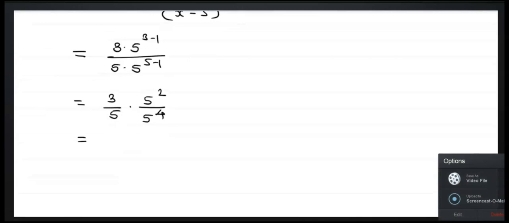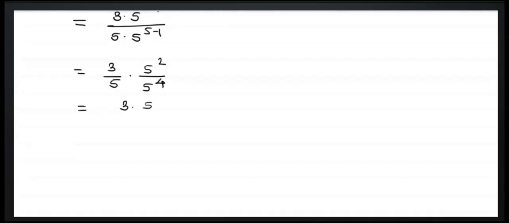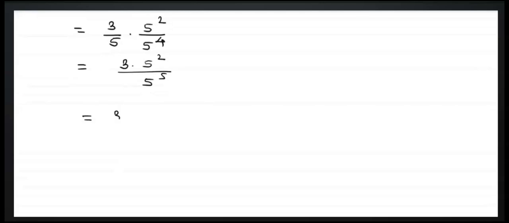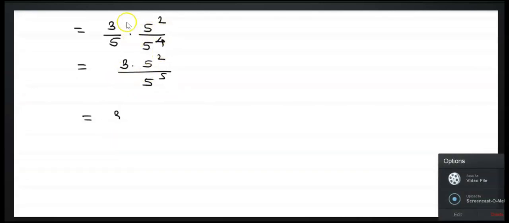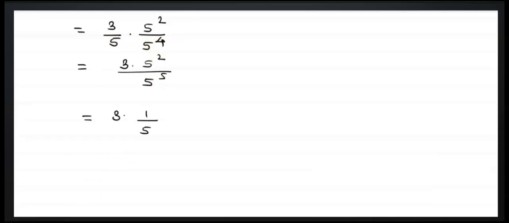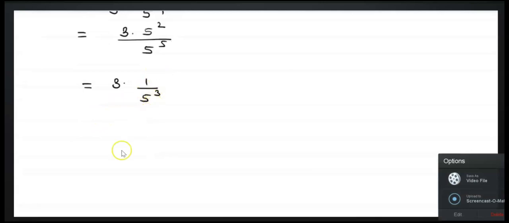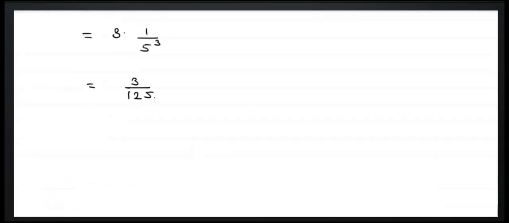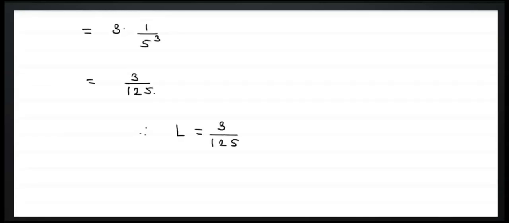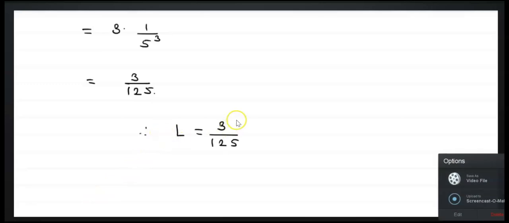Therefore, 3 as it is, 5 raised to 2 upon 5 raised to 1 and 5 raised to 4, then you get 5 raised to 5. Therefore, 3 into 1 upon 5 raised to 3, and 1 upon 5 raised to 3 is 3 upon 125. Therefore, here L is equal to 3 upon 125.